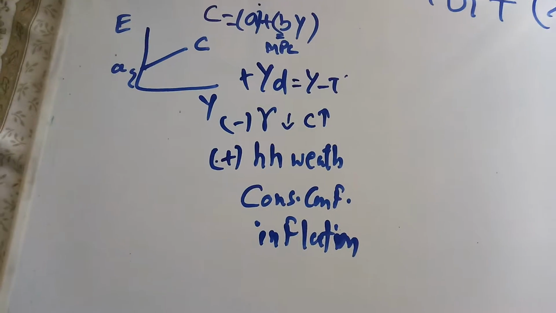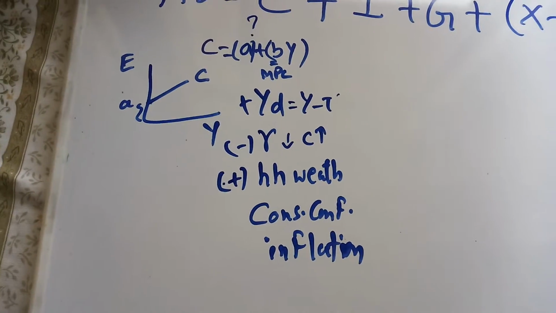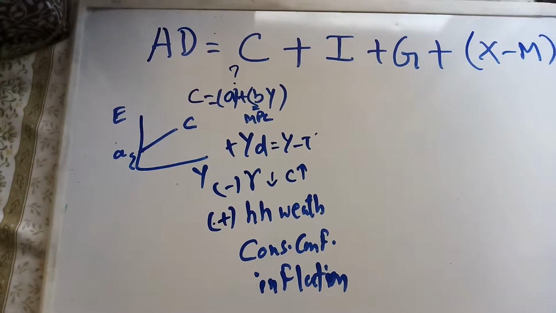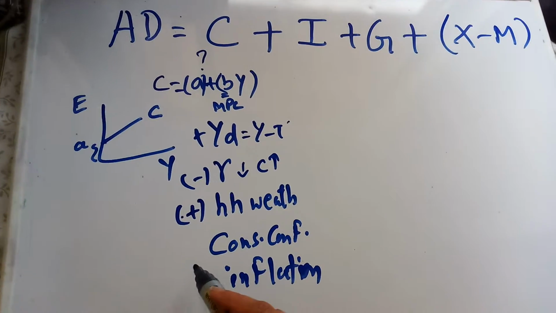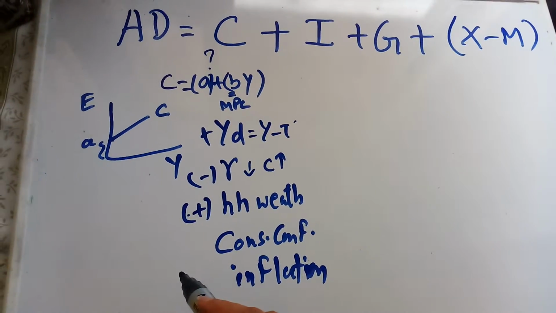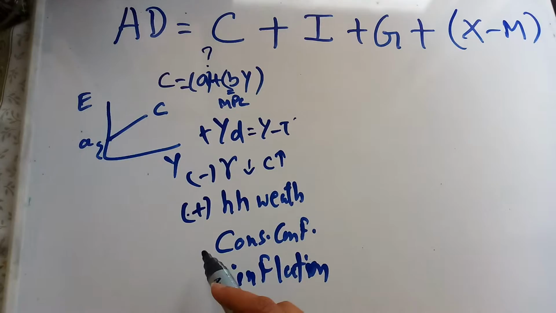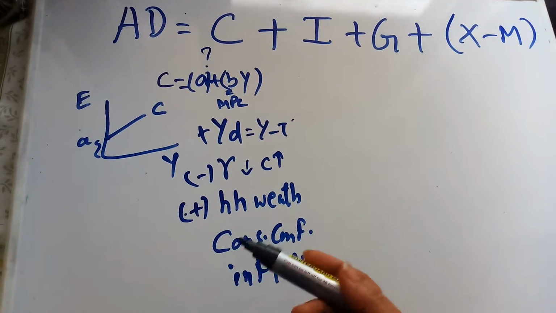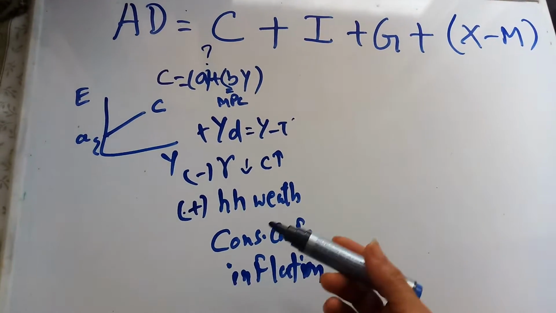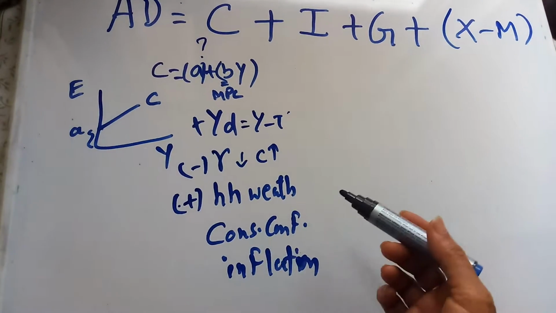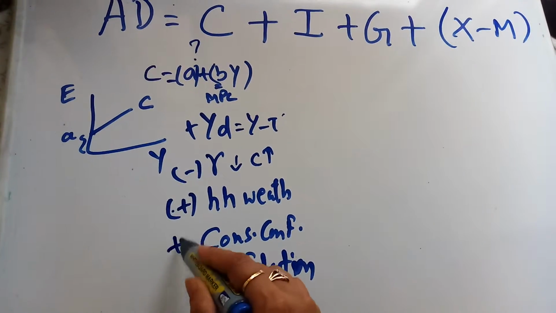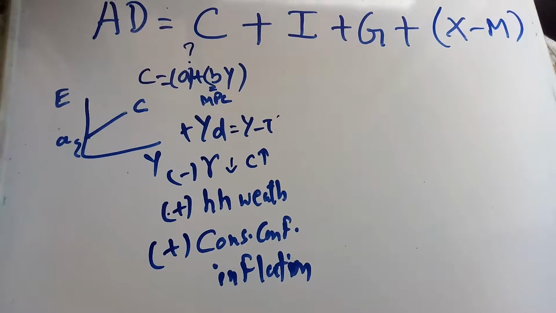What is consumer confidence? Based on the economic scenario, if the economy is in boom, consumers can definitely be more sure of their future incomes. More so, when there is a boom, their income levels are going up, and with consumer confidence going up, the consumers are likely to spend more.